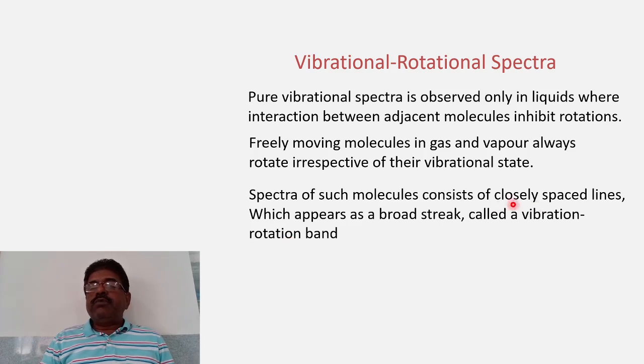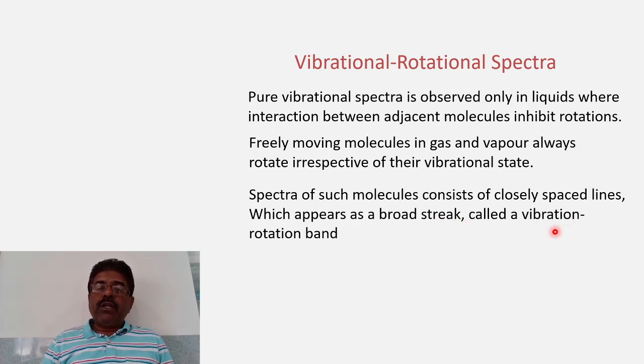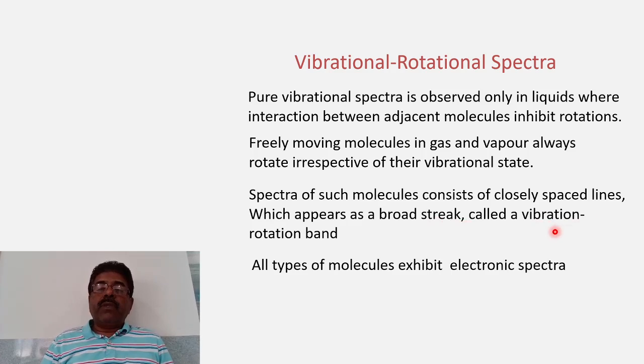So the spectra consist of closely spaced lines because of the very large number of rotational levels between the vibrational levels. Such a spectra appears as a broad streak and therefore is called a vibrational rotational band.